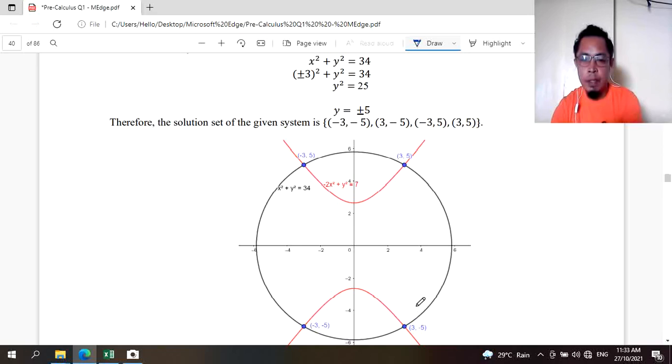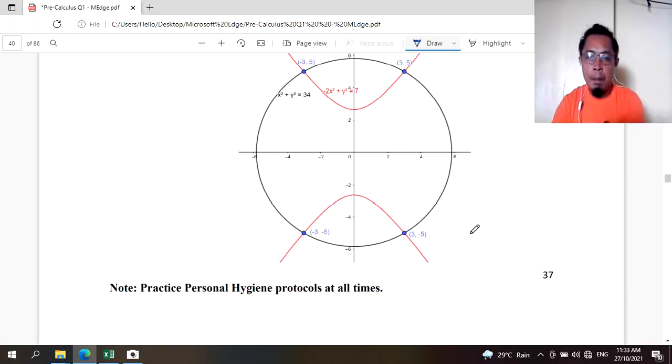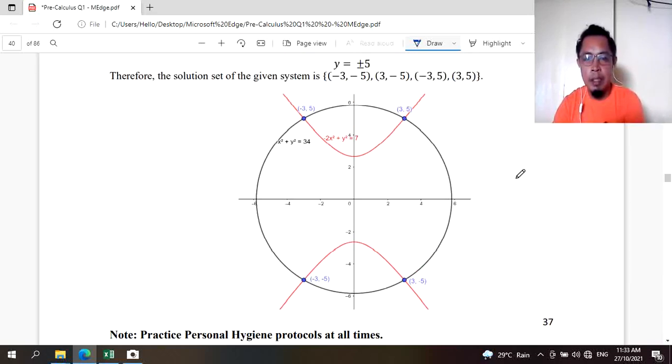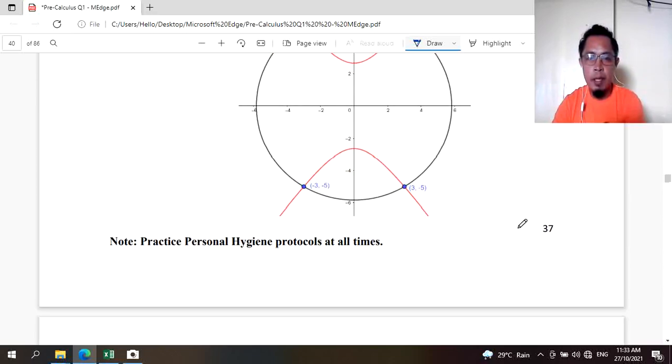So that one is the intersections. And as I mentioned a while back, the intersection is simply the solution of the non-linear system. Okay? Hope you understand that one.